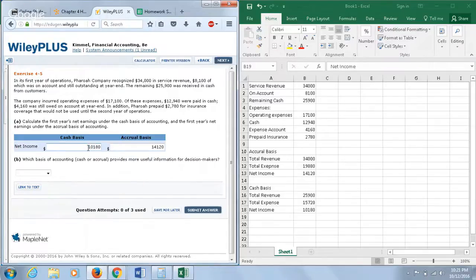So which basis of accounting, cash or accrual, provides a more useful information for decision makers? And from my understanding, it should be accrual because it's recognizing the total revenues and the total expenses, not just what they've paid out.